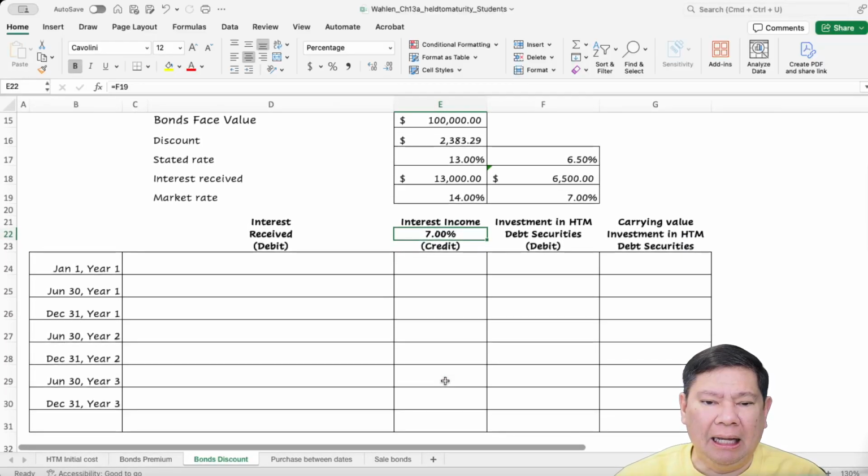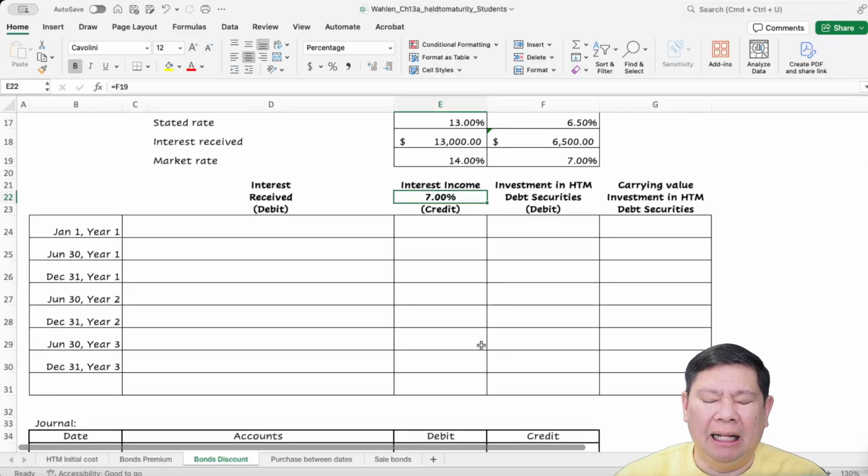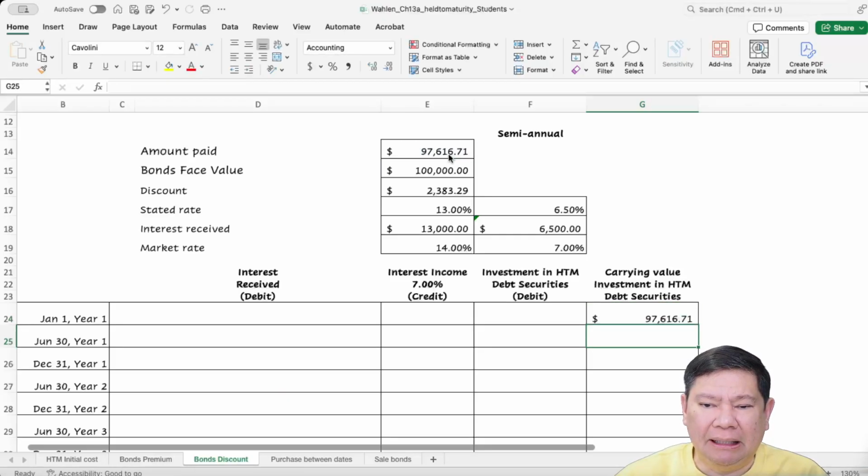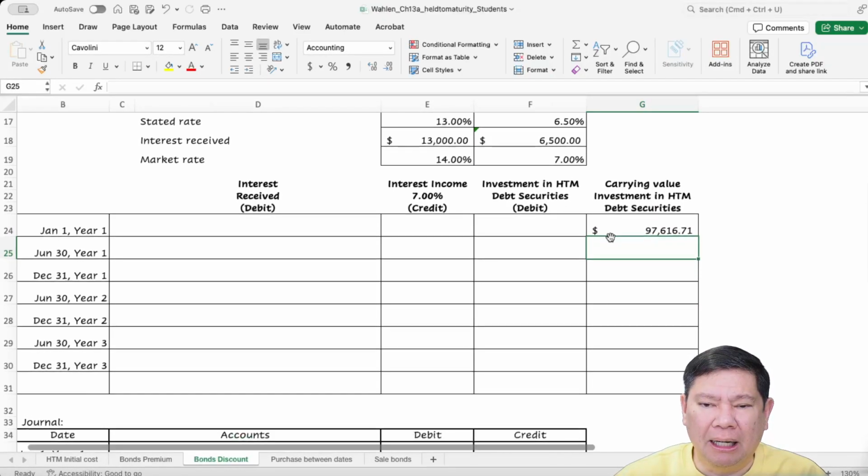Okay. As we know, the held to maturity investment in bonds is reported based on the amortized amount. So we have to calculate the amortization. The carrying value is the amount paid, 97,616.71.